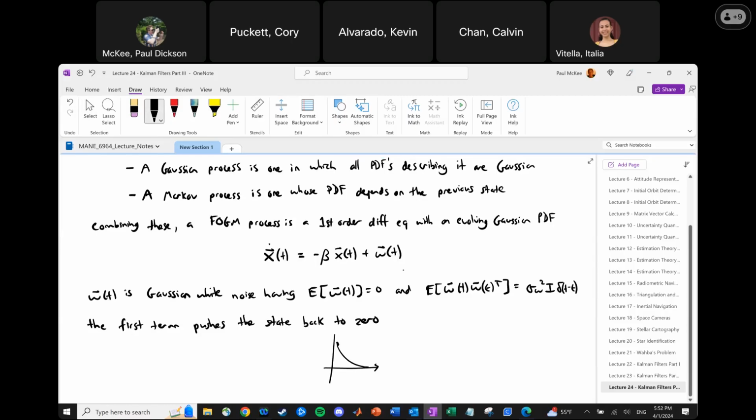Now, because there's random noise, if it was random noise only, you would start with the state anywhere, and then it would just kind of wander around, do its thing. But the combination of these two, and this is just a quick sketch that I'm going to erase in a second, is a value that kind of wanders to 0, but then it kind of just wiggles around, and it kind of looks like a line with overshoot.